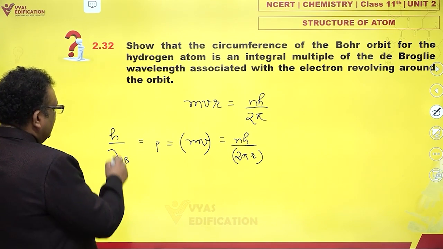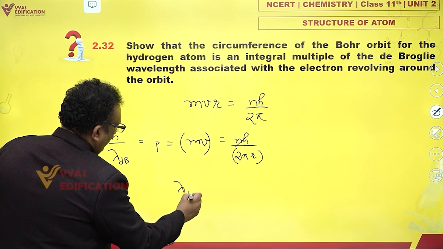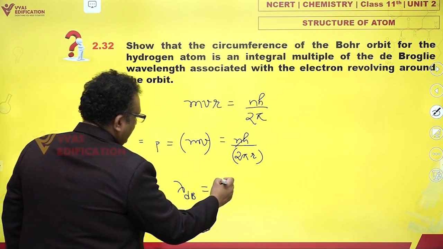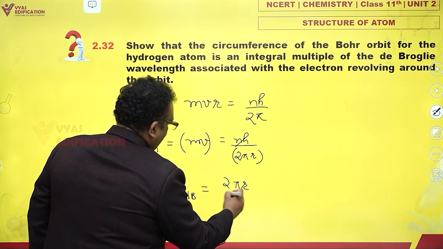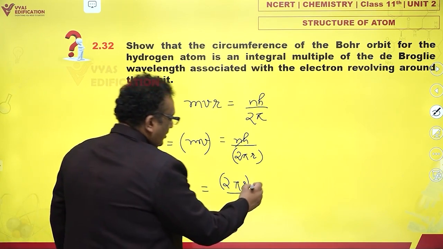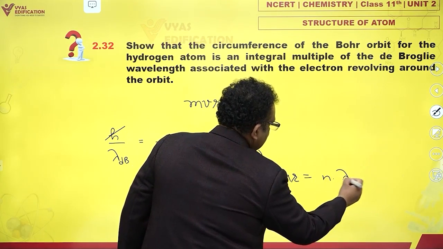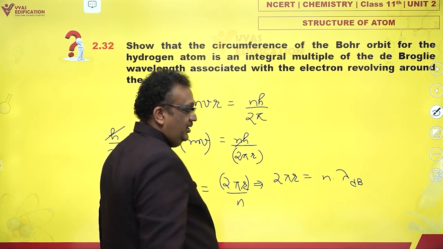So now h can cancel, and I can say lambda de Broglie is simply 2 pi r upon n, or 2 pi r is n times lambda de Broglie.